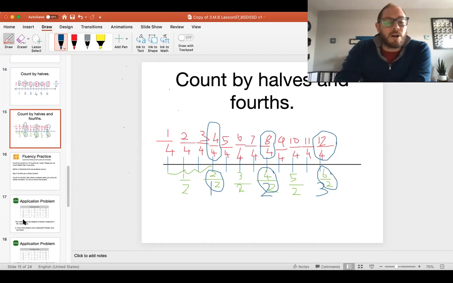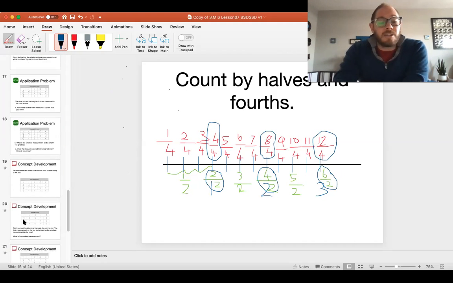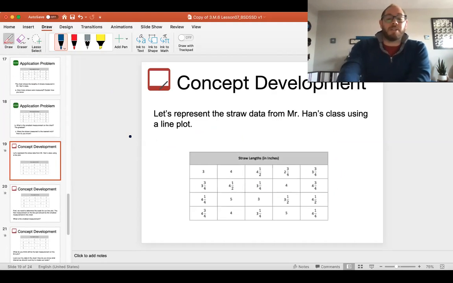All right, let's go forward and get ready to do our concept development. What we're going to do is use the measurement data from our application problem, and we're going to use it to make a line plot. Now remember, the first thing we do when we make a line plot is our number line.